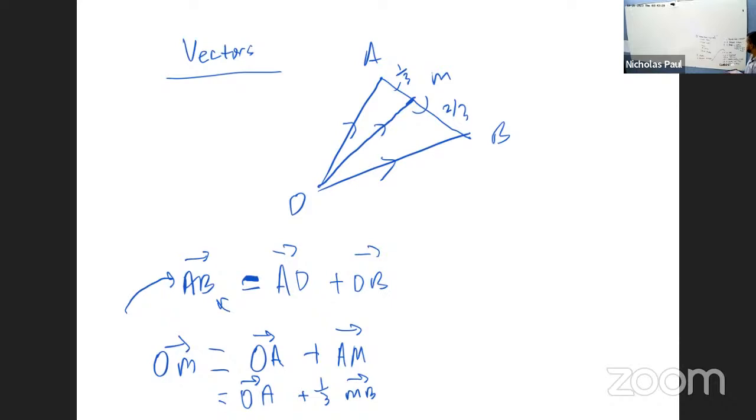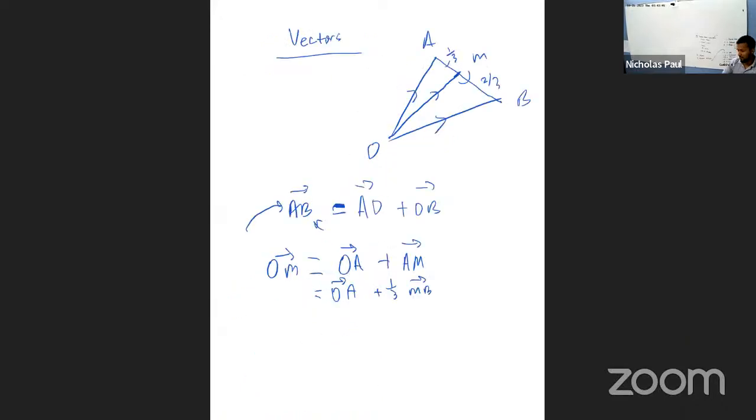All right, so how do we show parallel? How do we show collinear now?